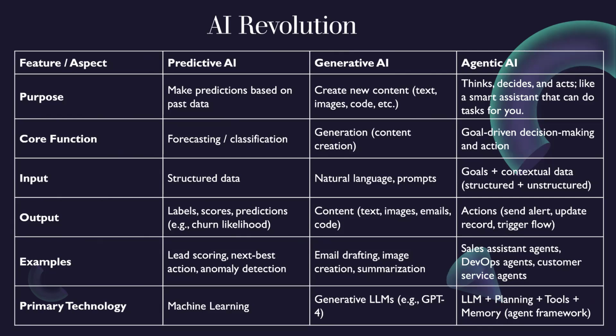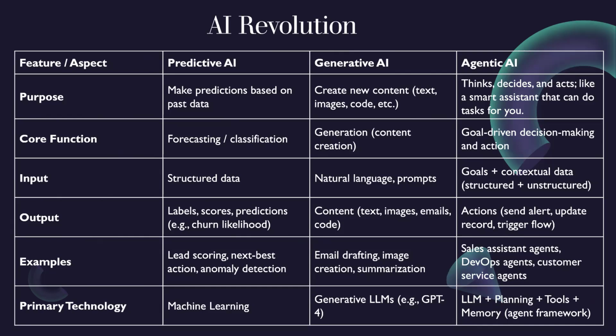And then we are currently in wave three of AI, which is agentic AI. Using this, you can build a street smart assistant. They can do tasks for you. Agents can think, decide, and act, just like humans, right?